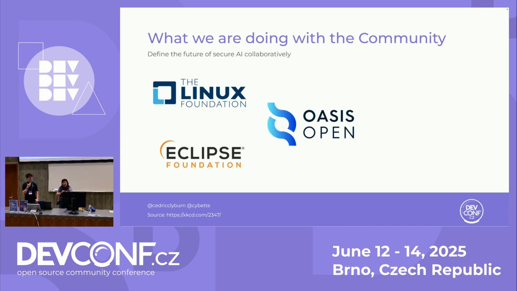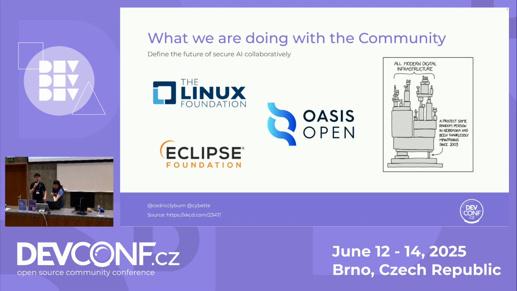With the Eclipse Foundation, a very important one is the Cyber Resilience Act. I won't speak more about it because we're running out of time, but do attend Roman's talk at 11 o'clock today. He will go into details about a lot of these different initiatives and collaborations. This XKCD just came to mind when I was preparing, because it's kind of silly to have to depend on an individual person.